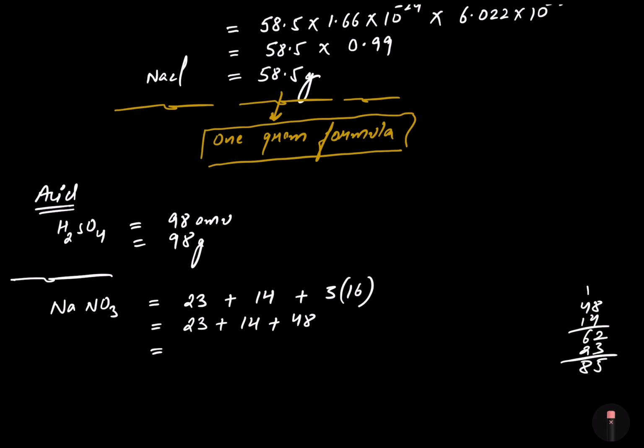So it comes out to be 85 AMU, atomic mass unit, and that's the mass of 1 gram formula. It comes out to be 85 grams, or it is also known as gram formula mass.